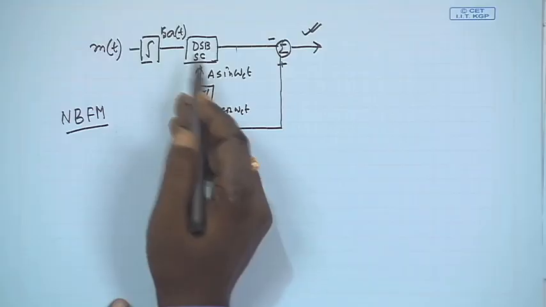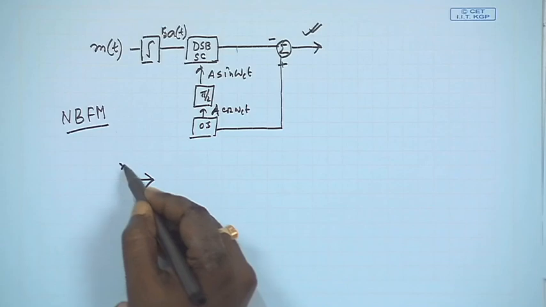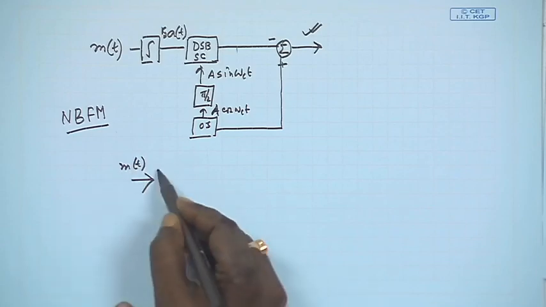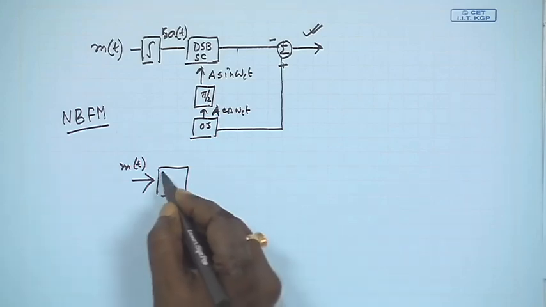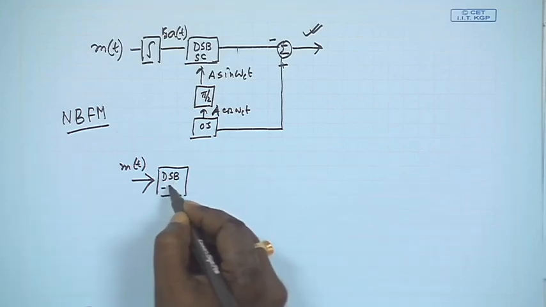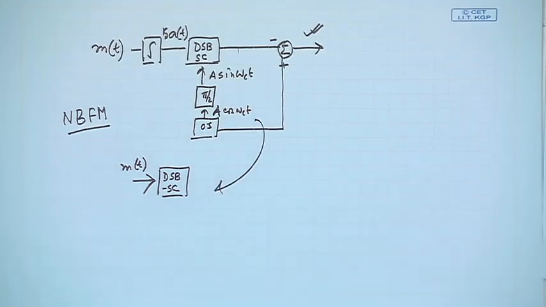If you have to just do PM, then you do not need this integration also, you directly supply m(t), and that directly goes into this DSB-SC. Rest of the things are the same, just a duplication of this particular thing.